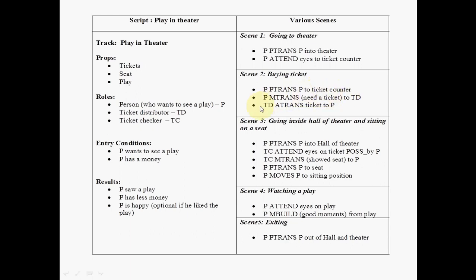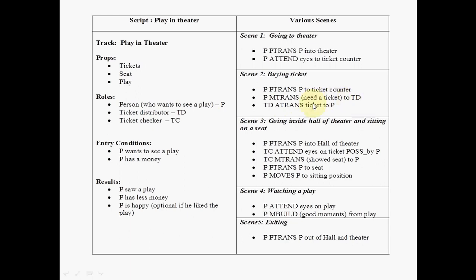Then M trans is used for memory transfer, so it could be tell. So he tells that he needs a ticket. To whom? To TD, ticket distributor. So P is the person. He tells TD, ticket distributor, I need a ticket.